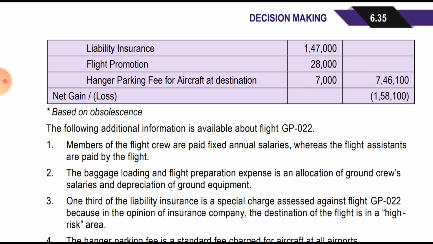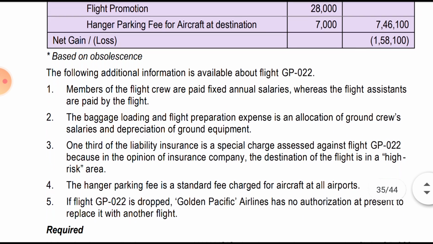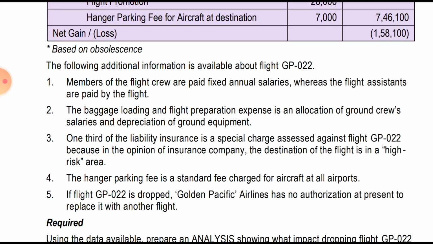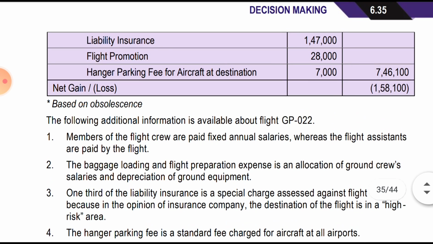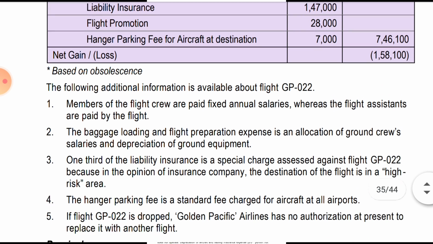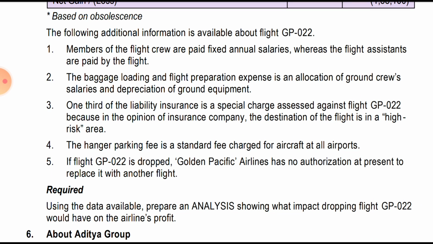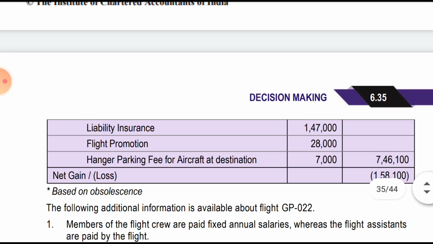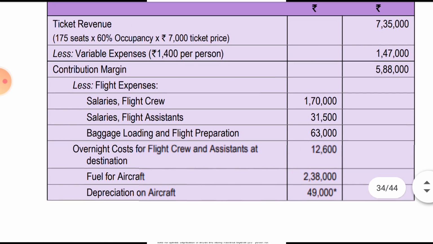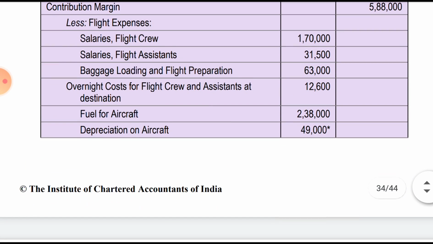We will deduct 1,47,000 times 1/3. Then the hangar parking fees are a standard fee charged for aircraft at all airports, so this will also be ignored. If flight GP022 is dropped, Golden Pacific Airline has no authorization at present to replace it with another flight. So we are left with these things to analyze.